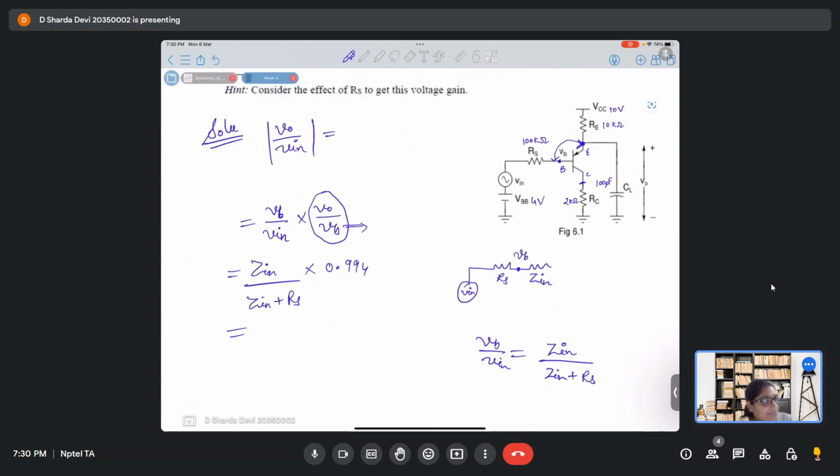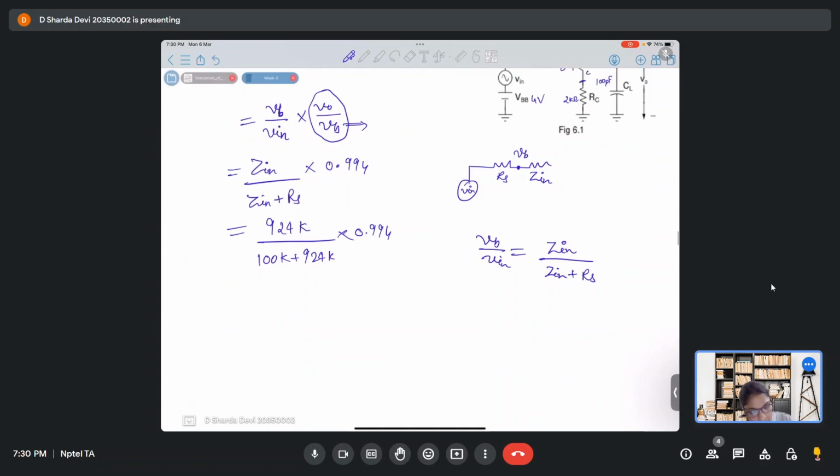Zn is 924 kilo ohms, and Rs was 100 kilo ohms. So 100k plus 924k into 0.994. So this will become 924 upon 1024 into 0.994. So your gain AV, that is V0 by Vin, is actually 0.9.